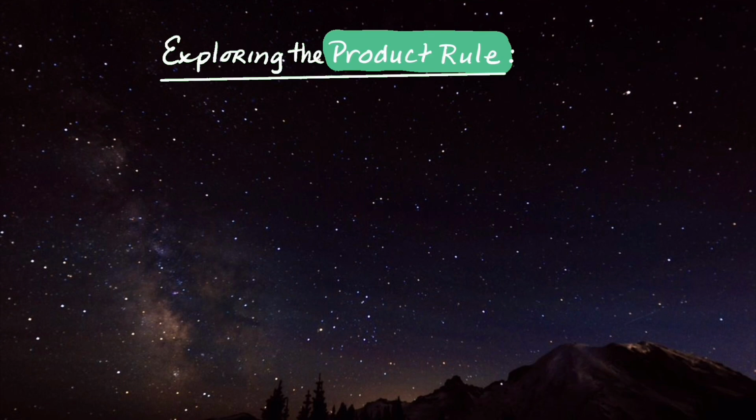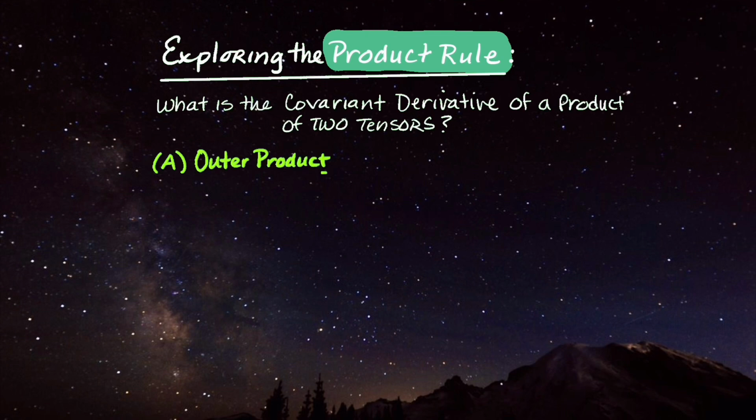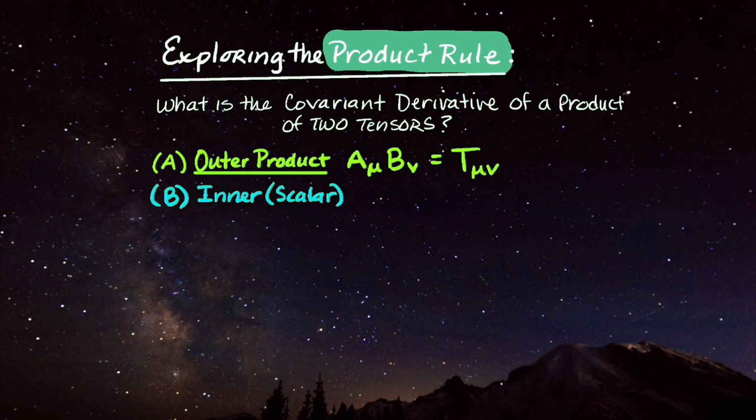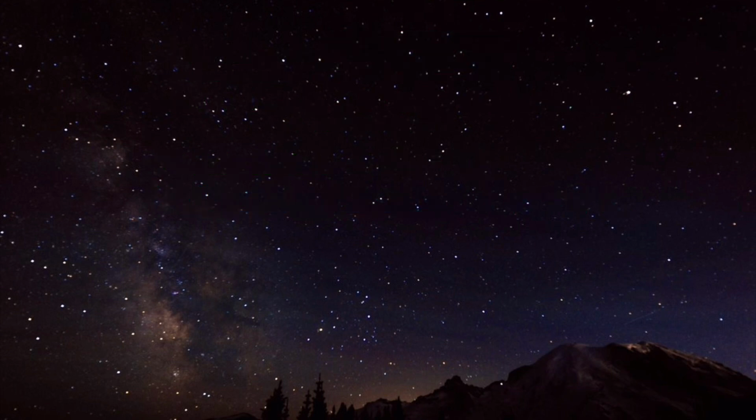The product rule is the derivative of a product. And if we ask what is the covariant derivative of a product of two tensors, we have to be more specific. You see, there's an outer product of two tensors, written this way, which will increase the rank of the tensor. And an inner product, which is a scalar product, which will result in a scalar, noticing the upper and lower indices summing over.